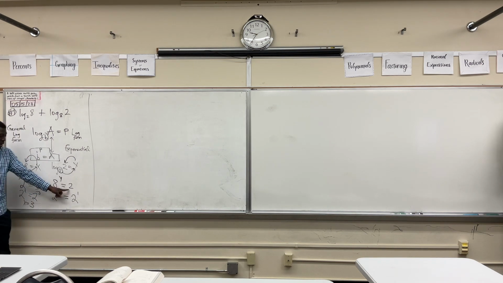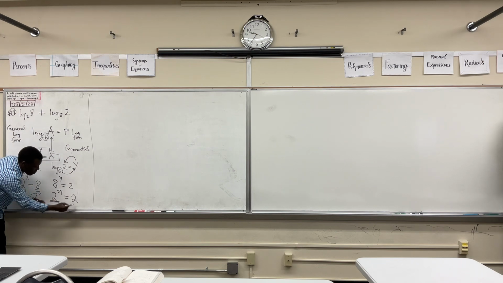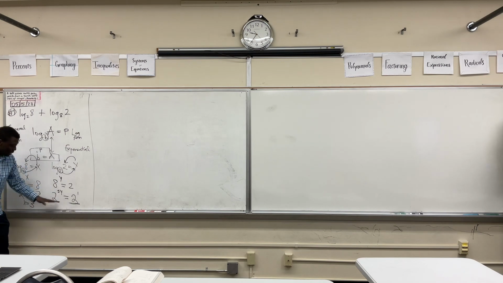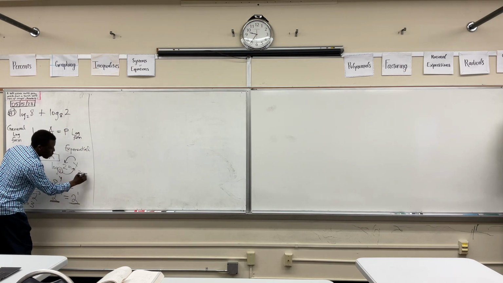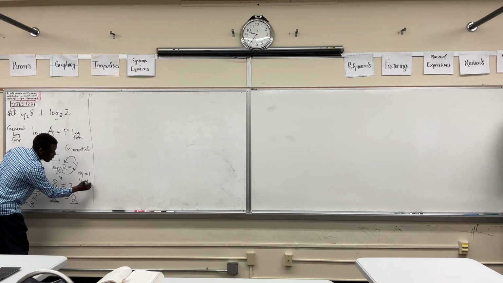Now keep in mind 2 by itself is the same thing as 2 to the first power. So now I can set 3y equal to 1 because the base, or the root, not the root, but like the foundation of this, the 2's here are the same. So the rule says you can set the 3y equal to 1. So if 3y is equal to 1, then y is equal to 1/3.